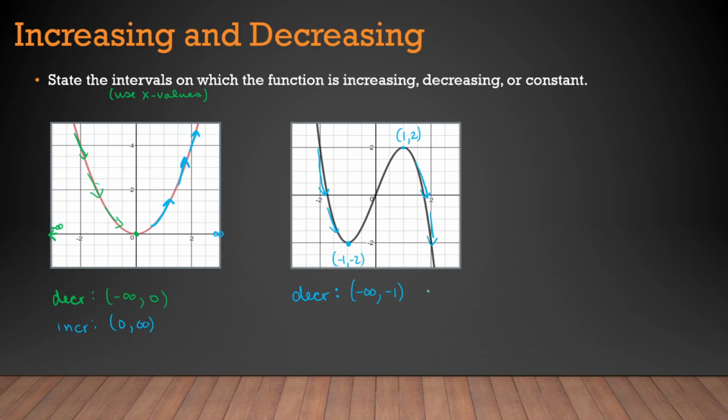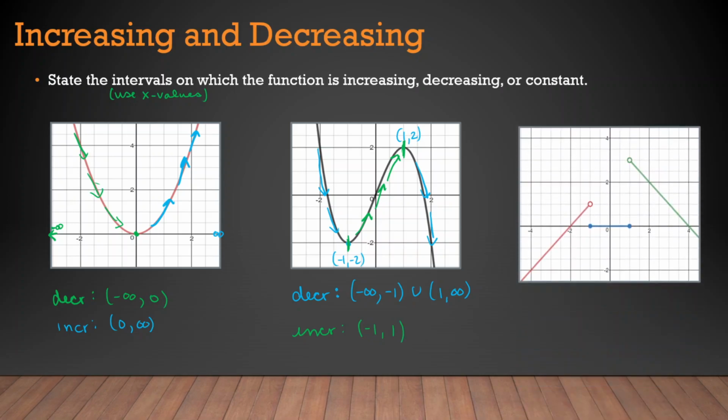And so I'm going to also be decreasing from 1 on forever and ever. But what is it doing in between? Well, right here, it's going up. And so from this point to this point, we are increasing. And again, we're using the x values to denote these places. So the x values are -1 and 1.